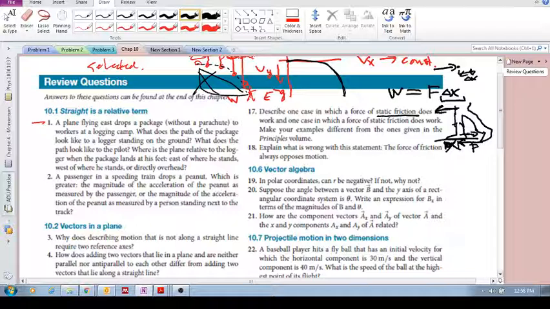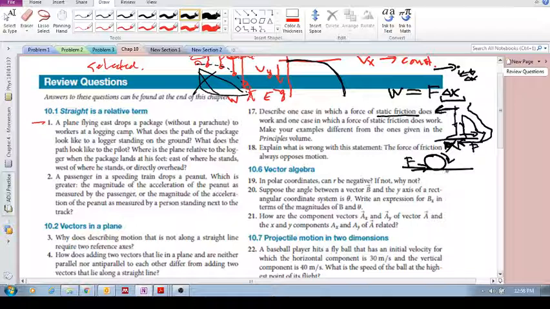Okay, let's see the example they give in the textbook. Another example of this is a wheel of a car. Now the wheel is turning that way, and in order for it not to slip, we need a friction force that way to counteract that.